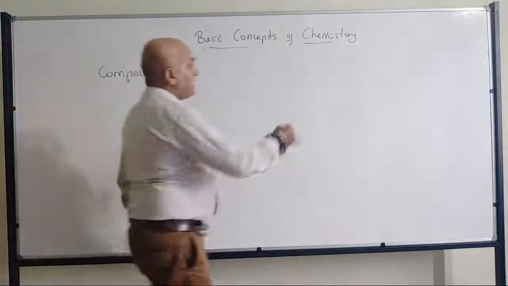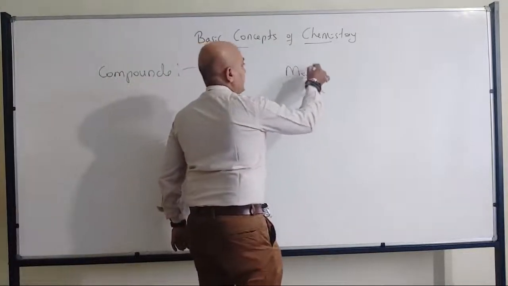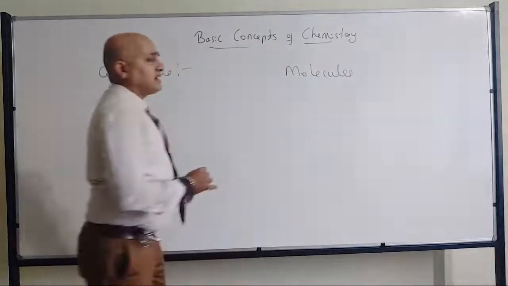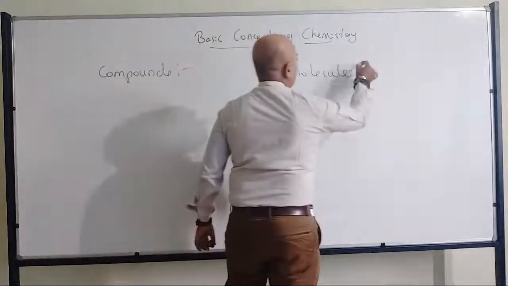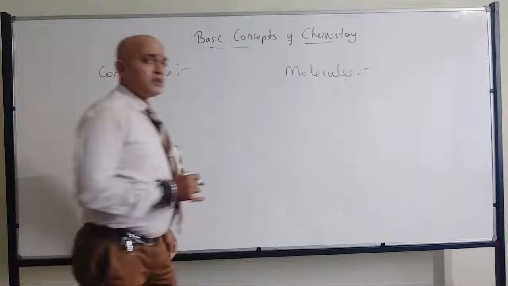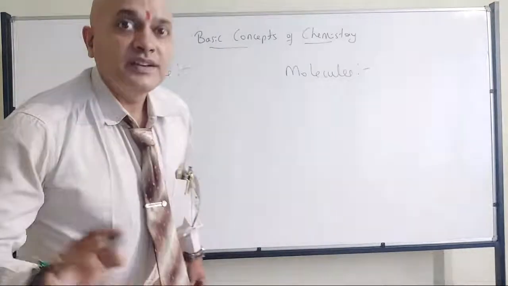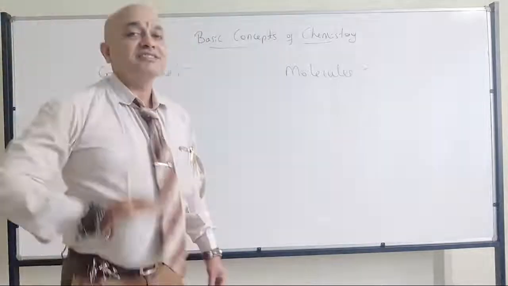So what I mean to tell you is, to avoid the confusion, I will write molecules also. Compounds here, molecules here. Okay? Now, in general, wait, Rakesh, I will come to that.